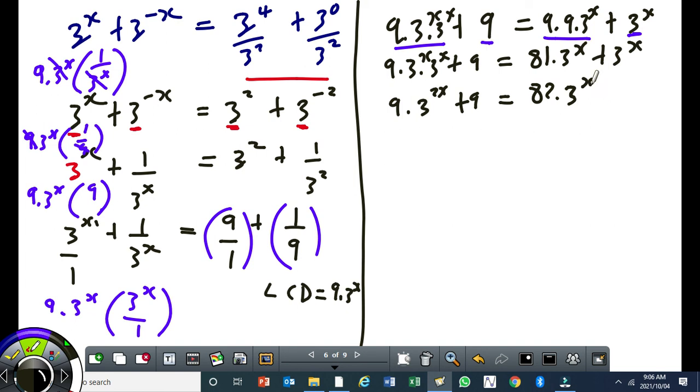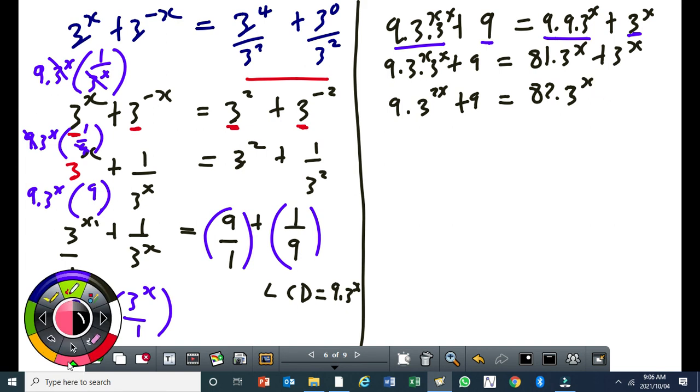They are like terms. Look here. There is 3 to the power of x, there is 3 to the power of x. So this one here, we can write it as 1 times 3 to the power of x. Do you agree with me that these two are like terms?